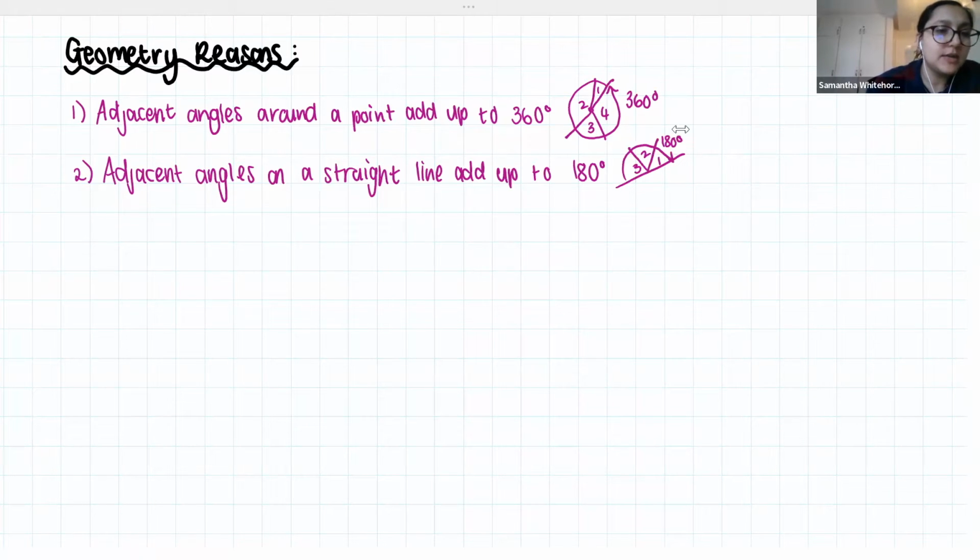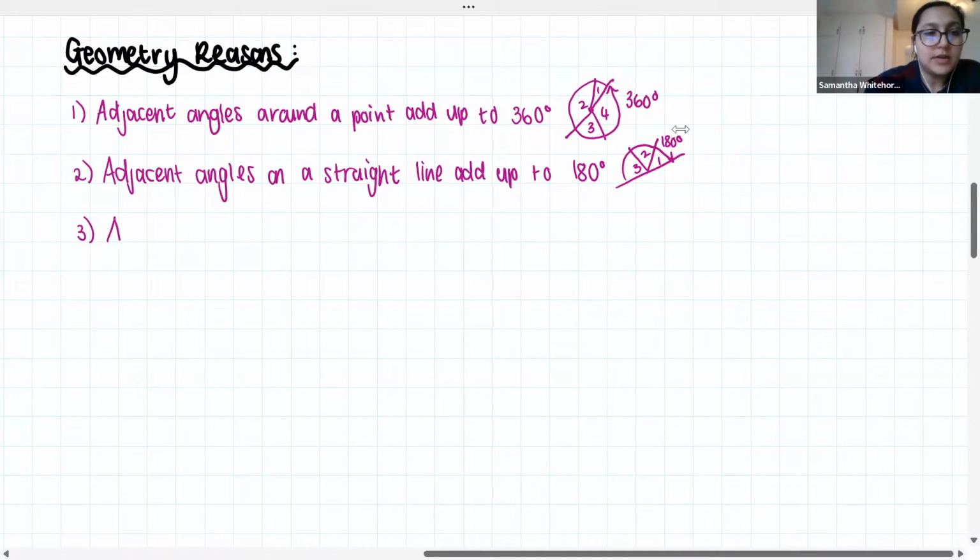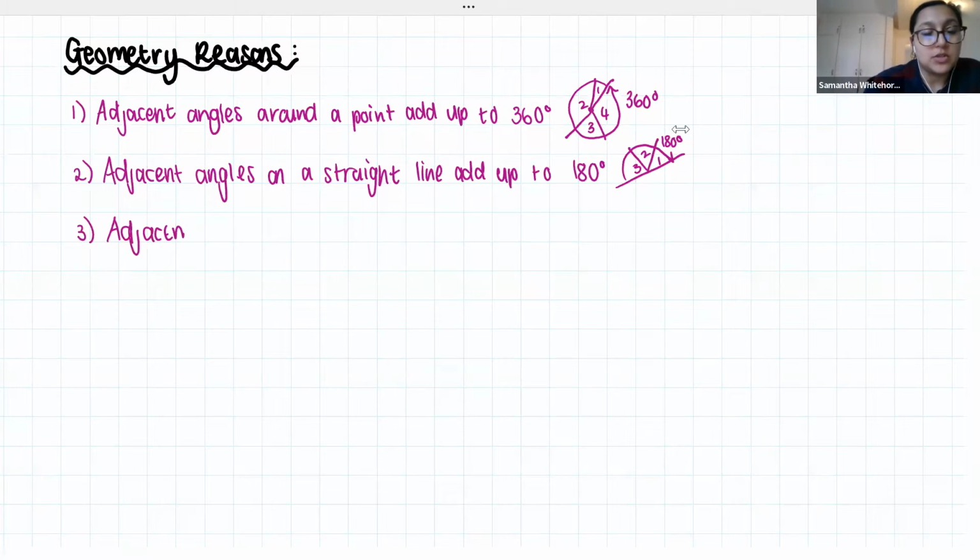The third reason that we learned, not necessarily one that comes up a whole lot, but one that is quite useful to know at times, is the fact that adjacent angles that add up to 90 degrees are complementary angles.